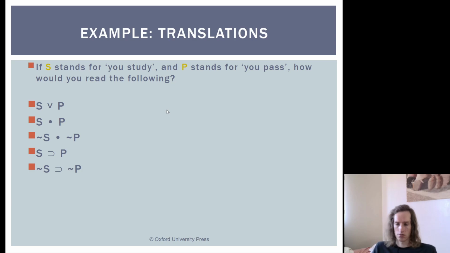Next, if it is not the case that S, then it is not the case that P. So if it is not the case that you study, then it is not the case that you pass. And here, S if and only if P. So you study if and only if you pass.